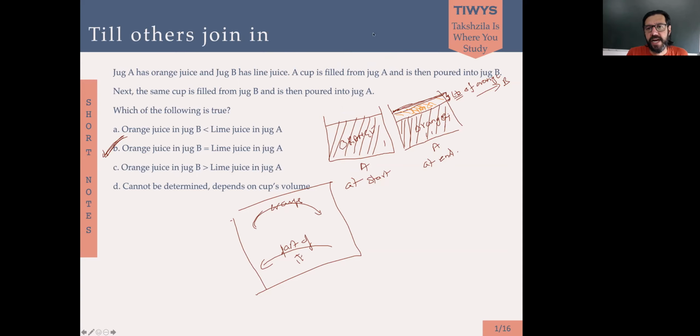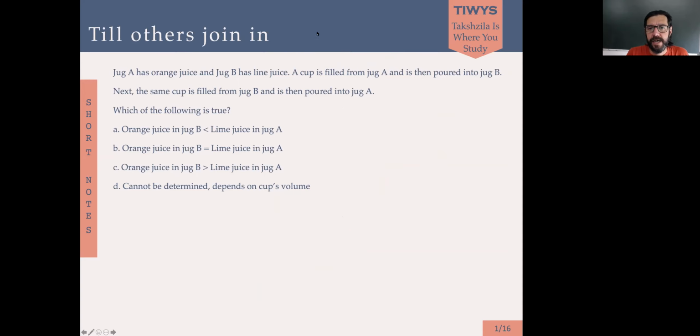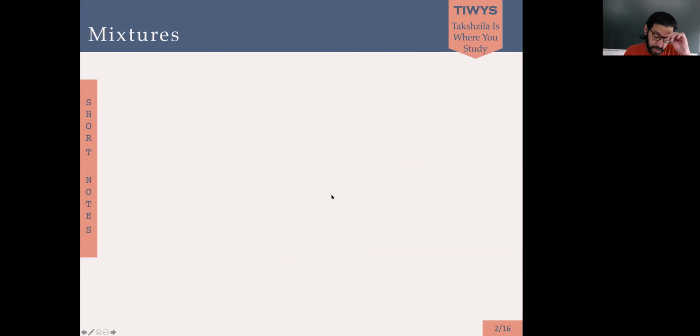So, moving ahead with today's class, an interesting class. There's very little theory here. In fact, there's no topic called mixtures in maths. Mixtures is just about ratio, mixing and proportions.